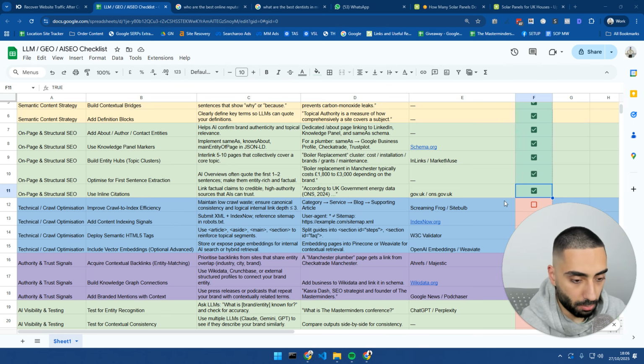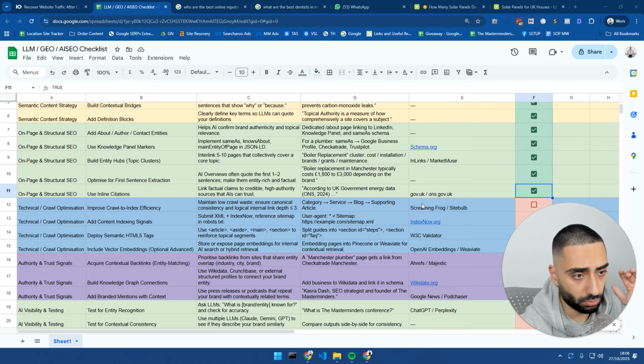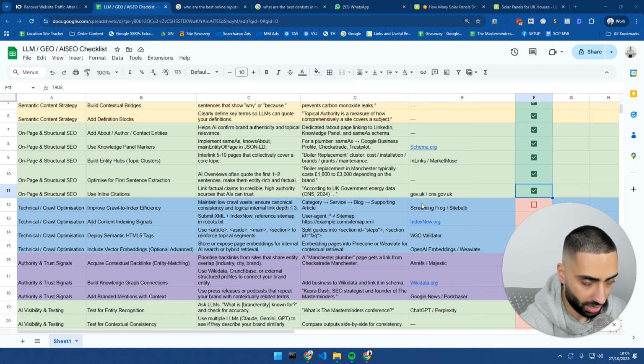The number one thing when it comes to getting facts pulled into LLMs, ChatGPT, AI, etc., is this: if you are citing something that's really wild, like, for example, you mention on your website that if you smoke 15 cigarettes a day, it can cause XYZ disease, right?